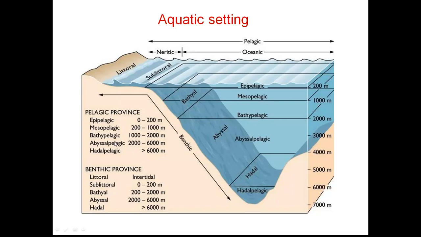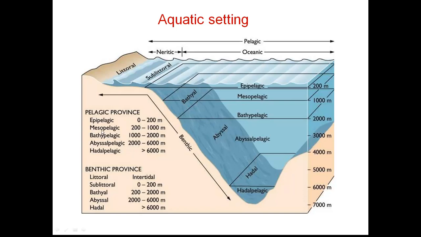And so within each of the pelagic and the benthic province, what we have is a number of terms that are used to describe where we are in the water column. So if we start with the pelagic province, the top stratum, the shallowest zone, is the epipelagic, which is found down to a depth of 200 metres. So this is generally the deepest area which could possibly be mixed by wind-generated waves and surface processes.